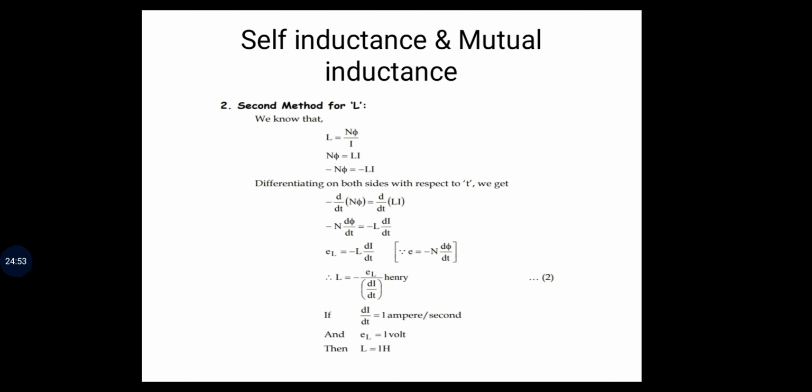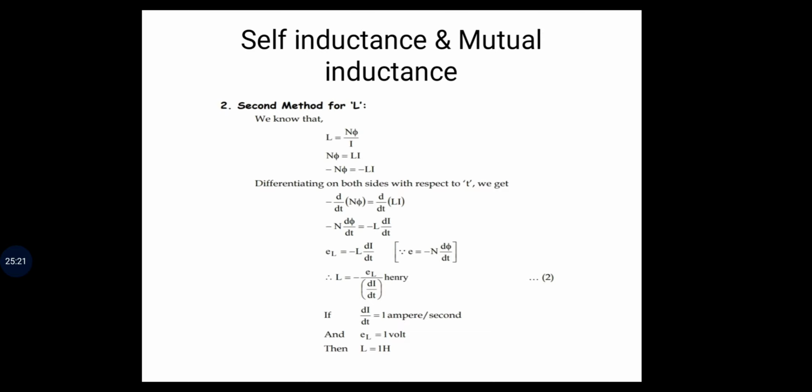Here L equal to N phi by I, N phi equal to Li. We put the negative sign on both sides, minus N phi equal to minus Li.